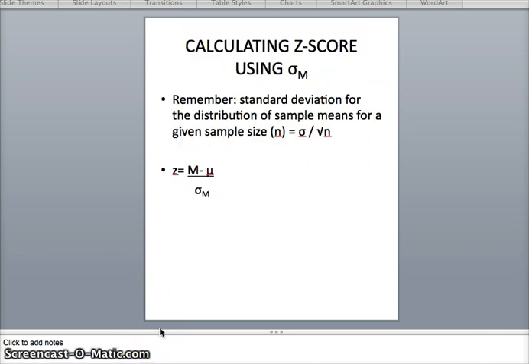So from here on out, we're going to use the standard error of the mean to help calculate the z value. Z is still going to equal sample mean minus population mean, but it's going to be divided by the standard error of the mean.